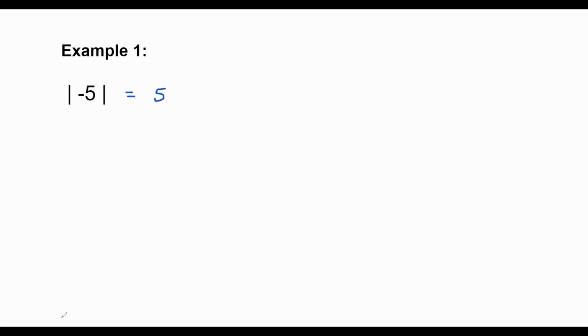So just a few examples. We'll run through 6 examples, actually. This is the easiest of those examples. This just tells us to make negative 5 a positive number. The result of that is just going to be the number 5. You can think of it as stripping the negative sign off of that negative 5.